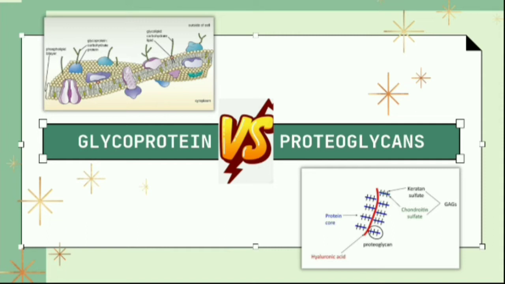And then the location: glycoproteins, as you can see in the picture, are located in the cellular membranes of the cells, whereas the proteoglycan is mainly found in the connective tissues. And then the role of glycoproteins is to help in cellular recognition, whereas the role of proteoglycans is important in the modulation of cellular development processes. So that ends my report, and thank you.